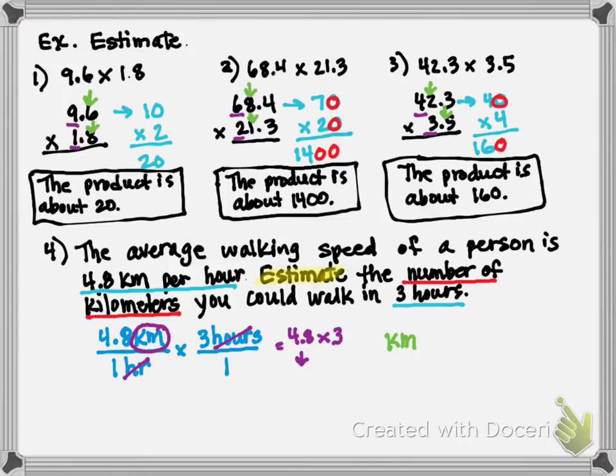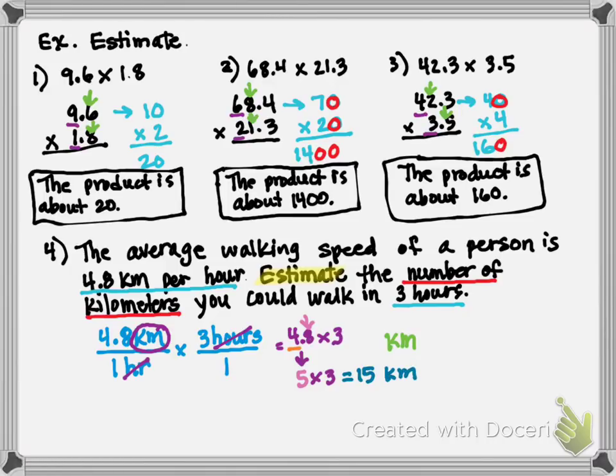We need to look at 4, and we need to see if 8 is going to change it. 8 is large enough according to our rounding rules. We're going to round that up to a 5. So what we're left with is 5 times 3. See, I'm already trying to solve it. And the answer I get is 15 kilometers.